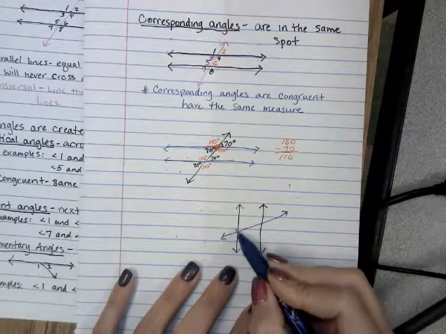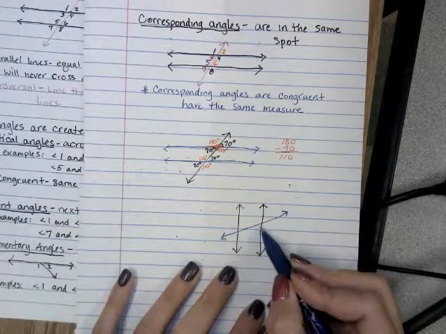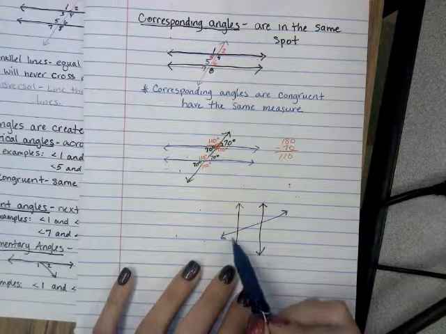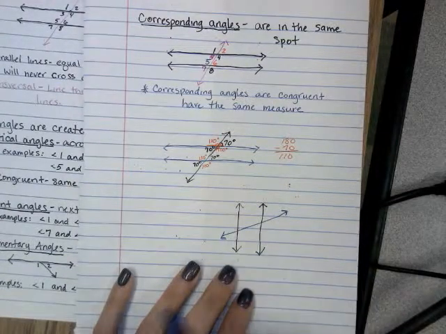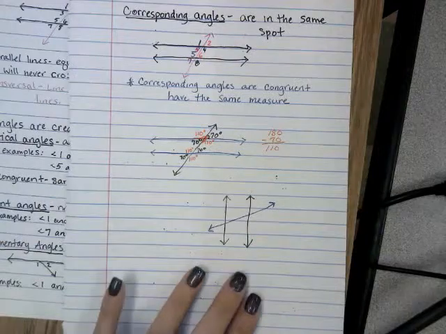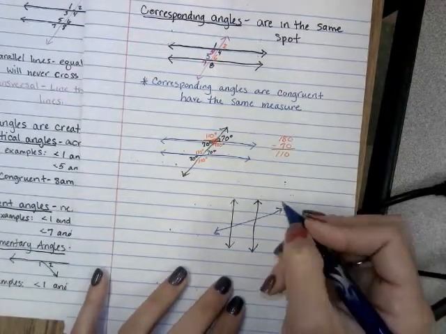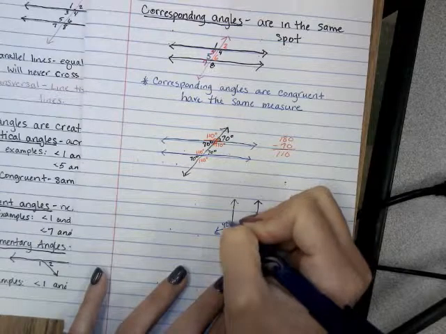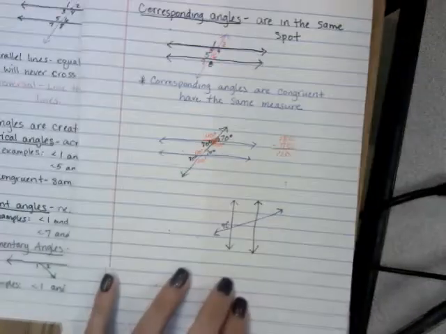Now, again, you can say I have 1, 2, 3, 4, 5, 6, 7, 8 angles. Some of them are obtuse angles, some of them are acute angles. Let's say that this one is, how about 92 degrees? 92 degrees.